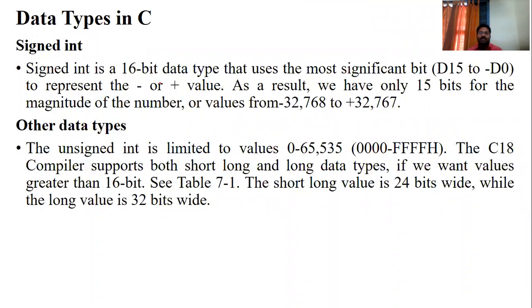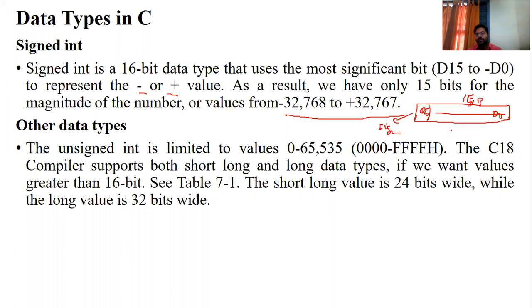Okay, so the signed int is also 16 bit. It represents negative to positive values, so one bit is reduced out of 16 bits. See this, D0 to D15. This is used as a sign bit. So you can effectively use only 15 bits, so 2 power 15 values.